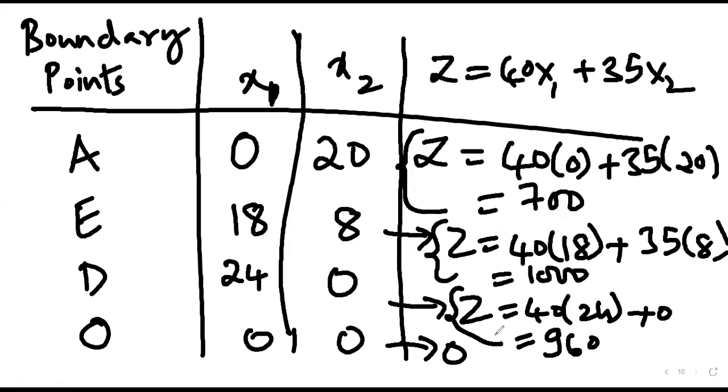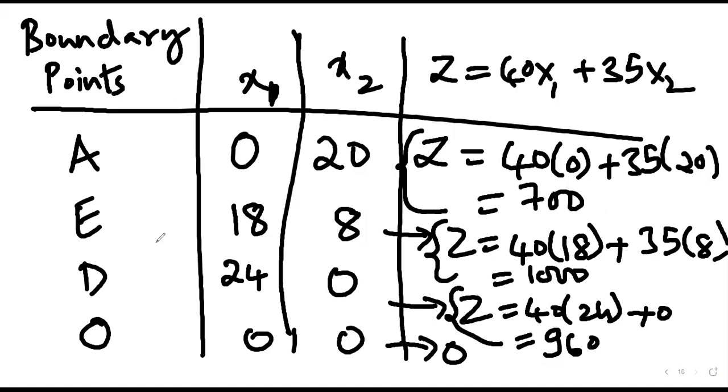So which is the maximum value of profit? Point E. Correct, that is the solution. So x1 should be equal to 18 and x2 should be equal to 8.